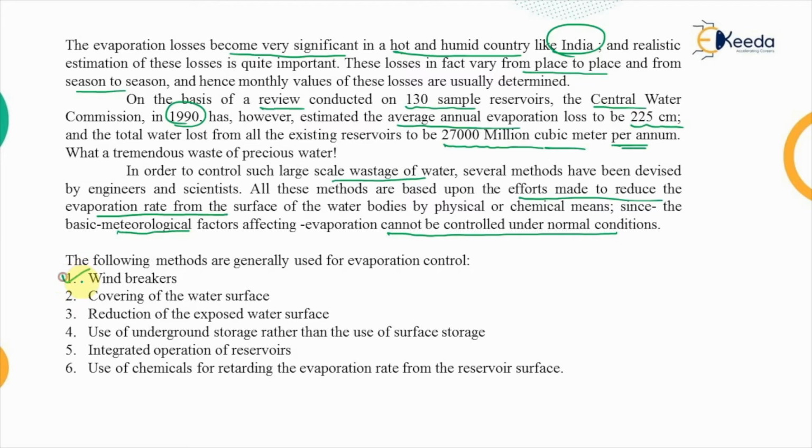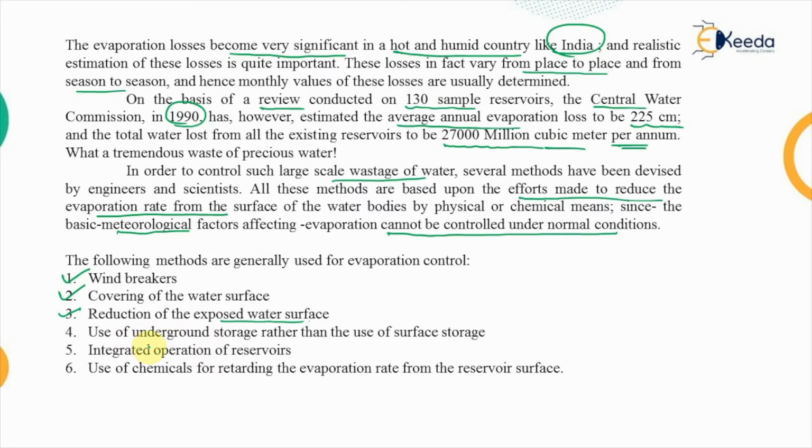Then the second method can be providing a cover on the water surface. So if the water is not exposed to the temperature, then obviously the evaporation losses will be lesser. That is the second method. Next is the reduction of the exposed water surface. There are solar panels or other types of objects which can be provided to reduce the exposed water surface area.